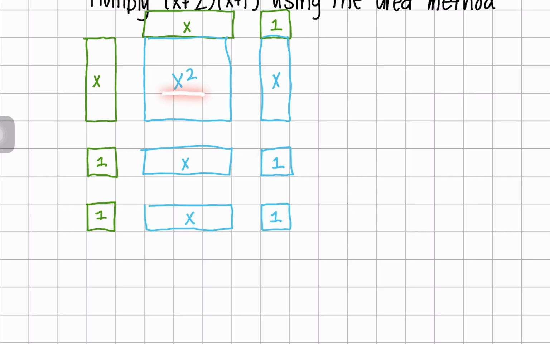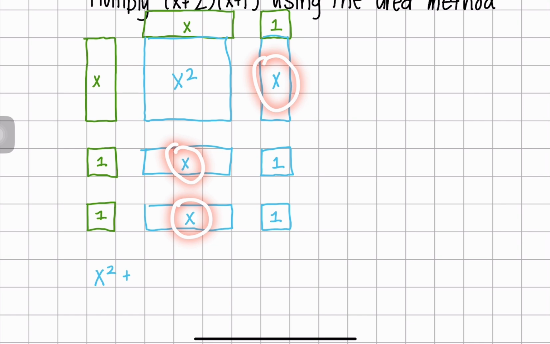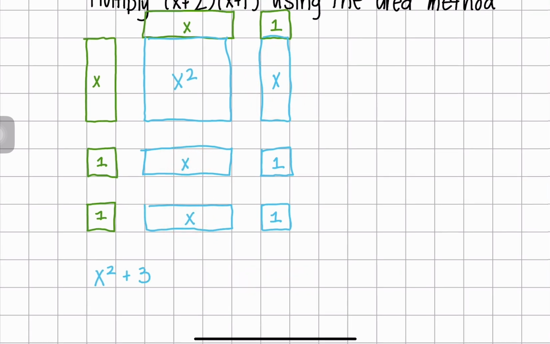So we have an x squared, and it's the only x squared we have, so x squared, and then we're going to add that with 1, 2, 3 different x's. So I'm going to add 3x. And then next, we're just going to look at the constants or numbers we have. So we have 1 and 1, and we know that 1 plus 1 is 2. So we have x squared plus 3x plus 2.